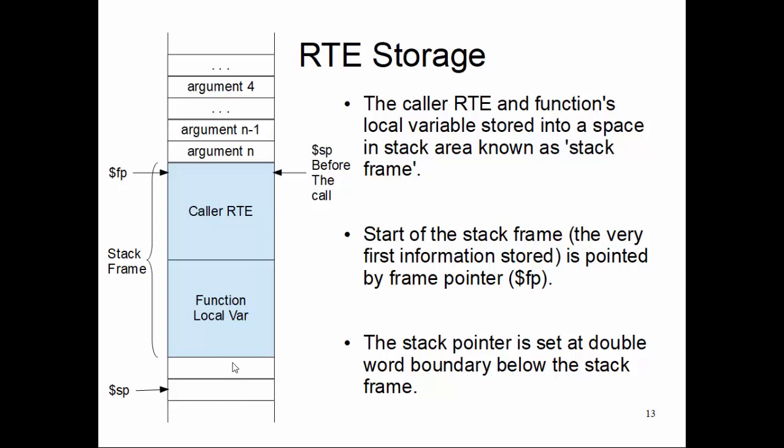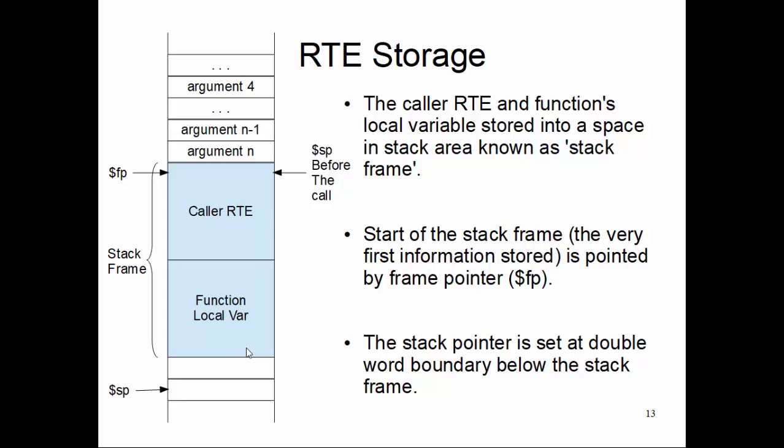This is just to accommodate in case you want to push a double word into the current stack, so that it does not override your function's local variable values. So we give a 2 word gap from the end of the frame.